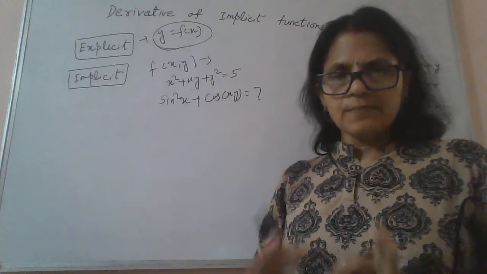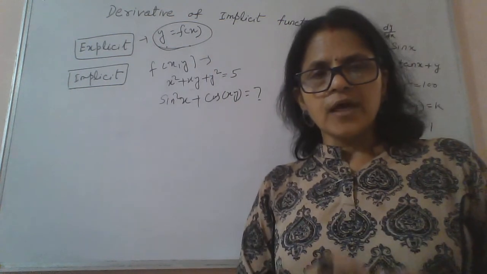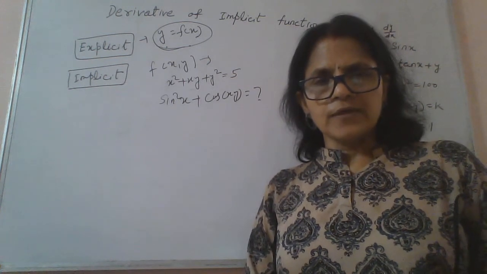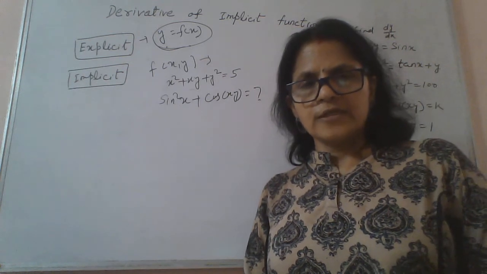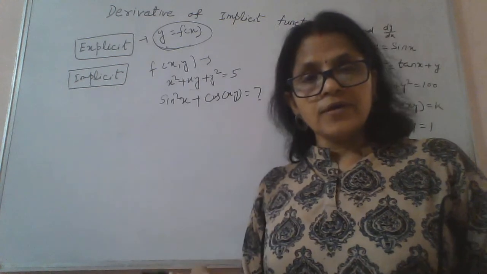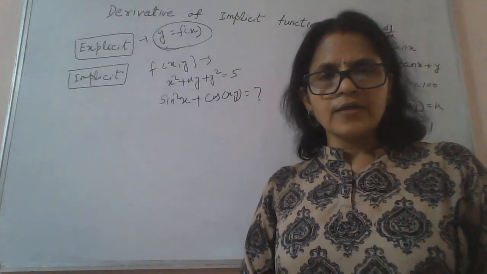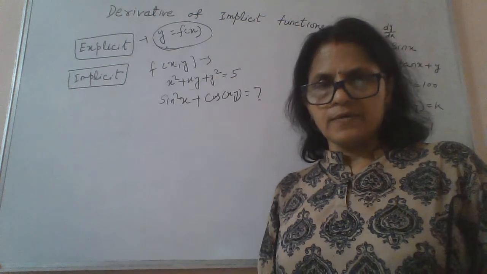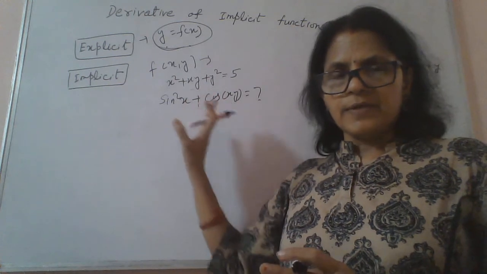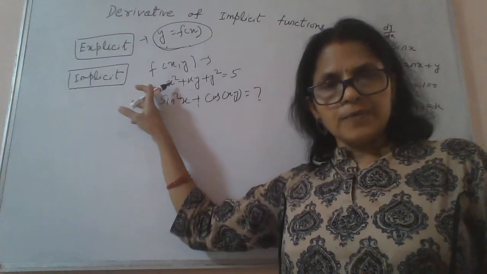Simply said, in case of an explicit function, the dependent variable can be expressed in terms of the independent variable very easily. In case of implicit functions, it is difficult, sometimes impossible, to express one variable in terms of the other, like these examples. So this, in a very short way, is what an explicit function and an implicit function are.